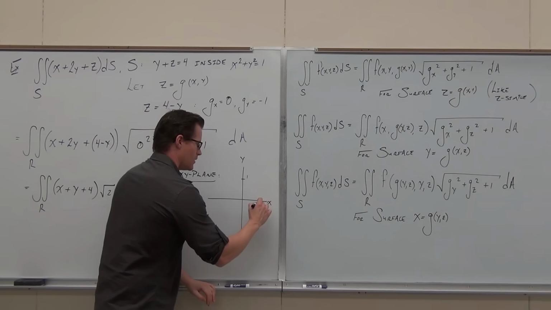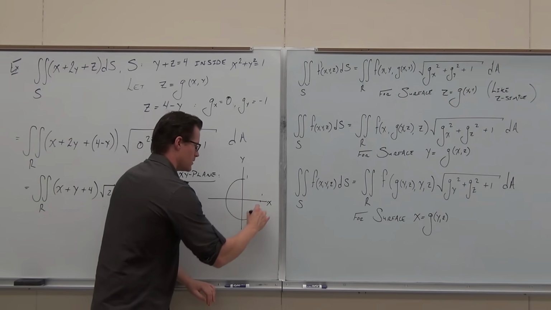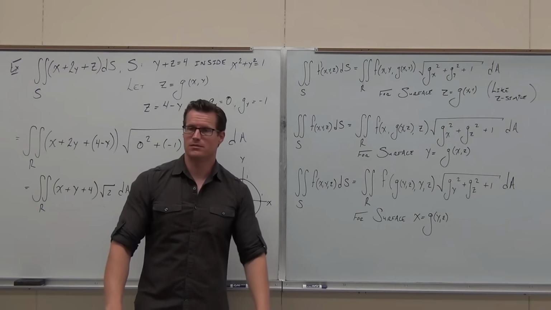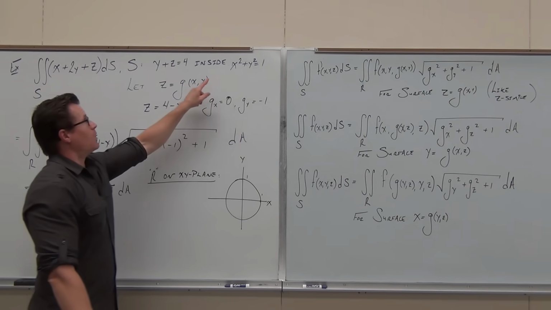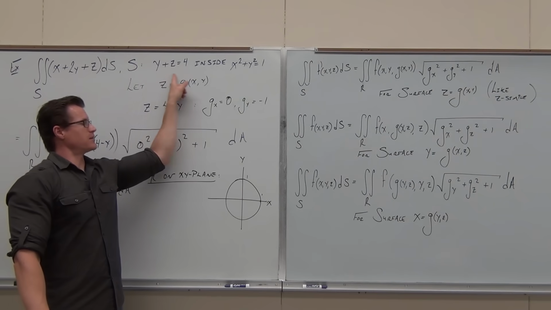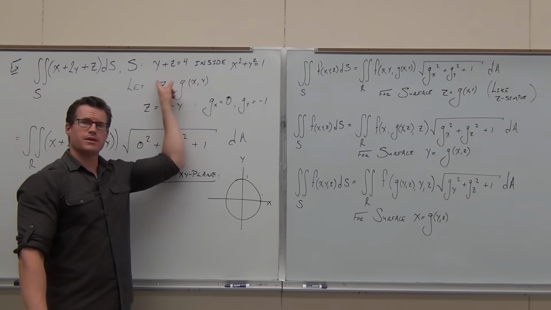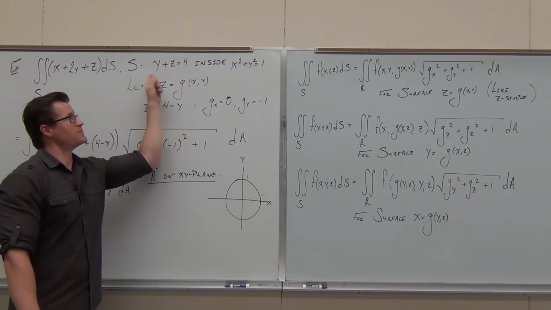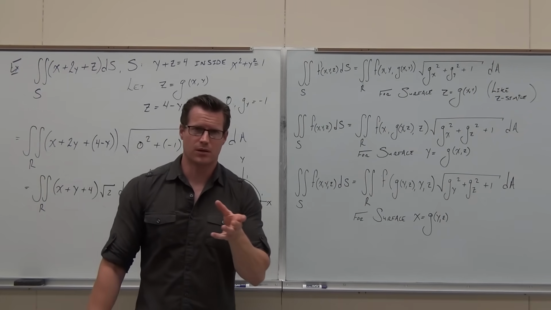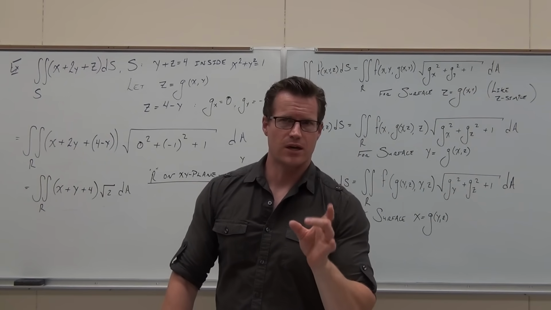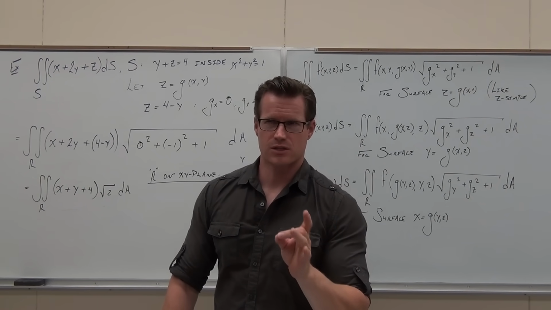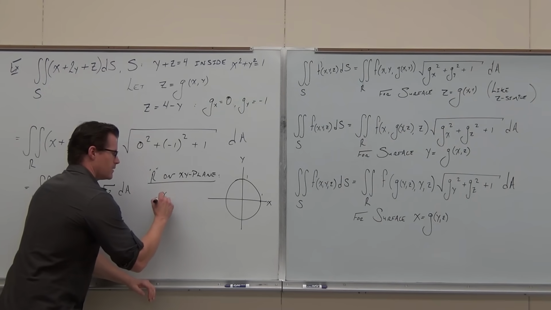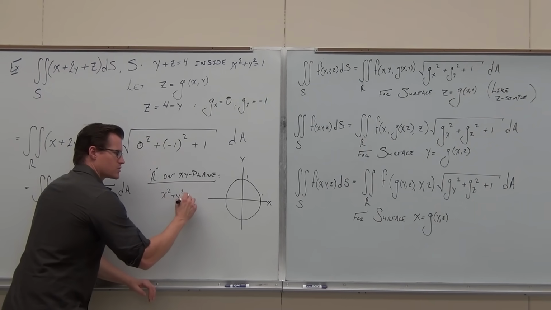And it's literally on the xy plane. Now, can you put this one on the xy plane? What's the value of z on the xy plane? 0. So, x squared plus y squared equals 1.